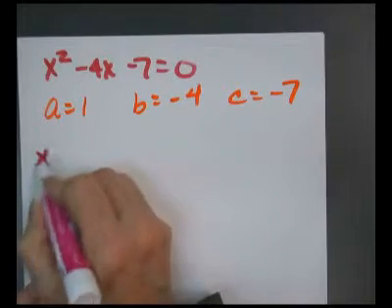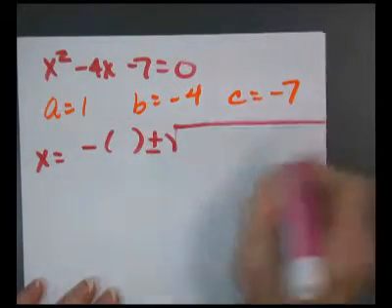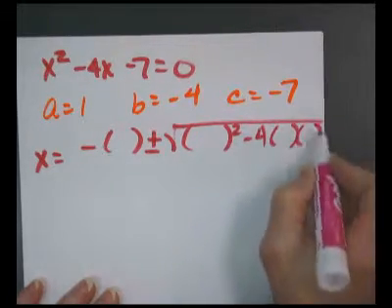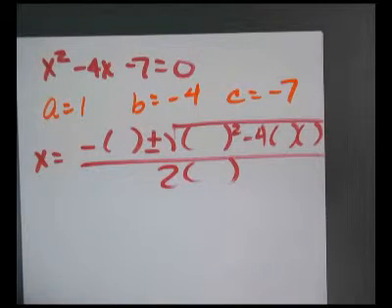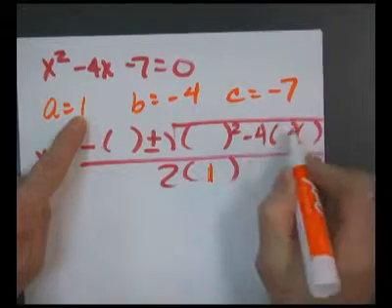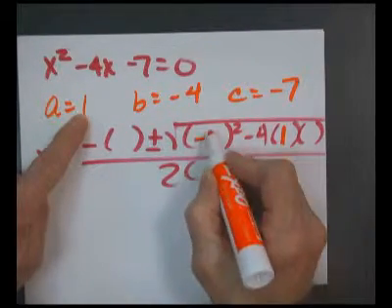Okay. X equals -b plus or minus square root of b squared minus 4ac over 2a. A is 1. B is -4.